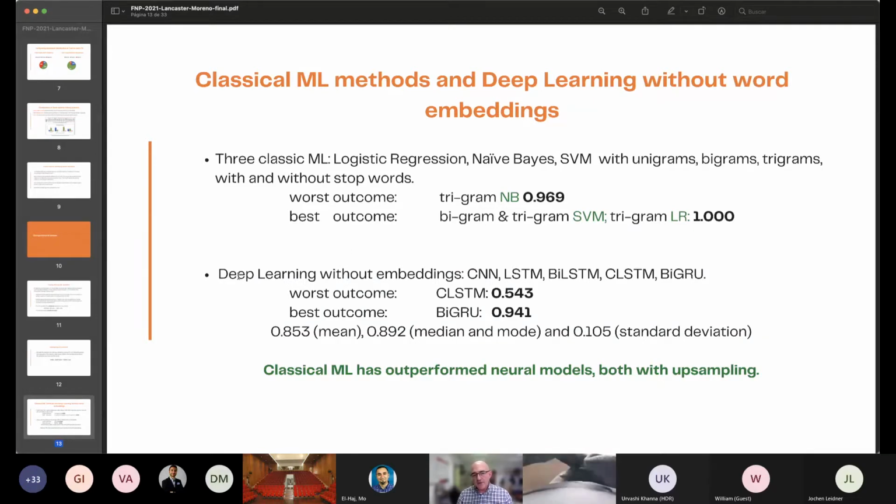With the use of deep learning without embedding, the best outcome was only 0.94. So it was shocking that the classical machine learning has outperformed neural models, both with upsampling.